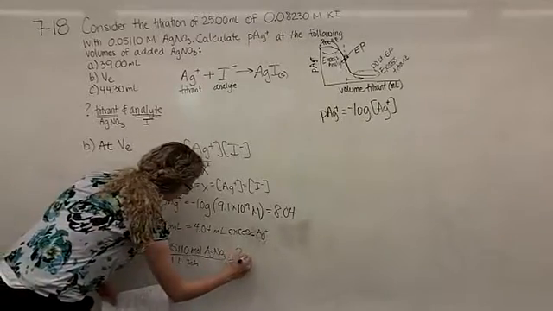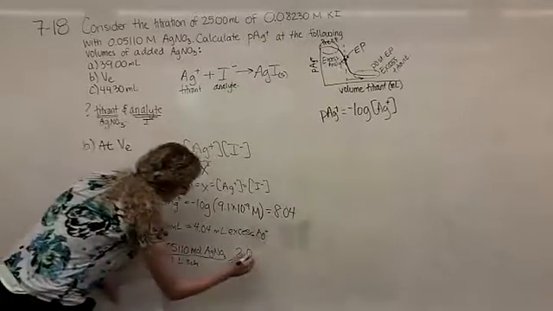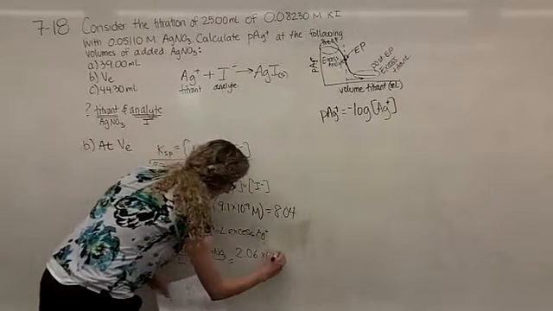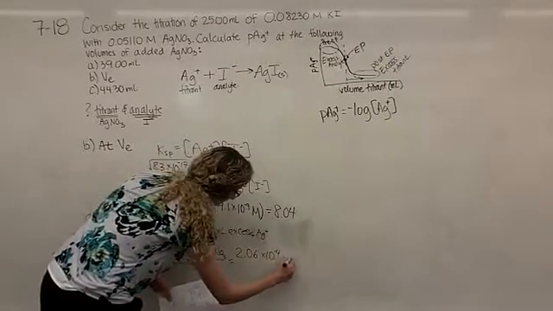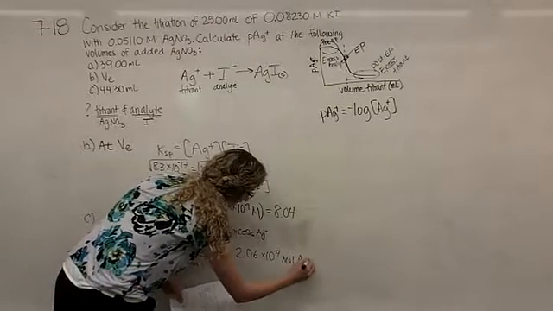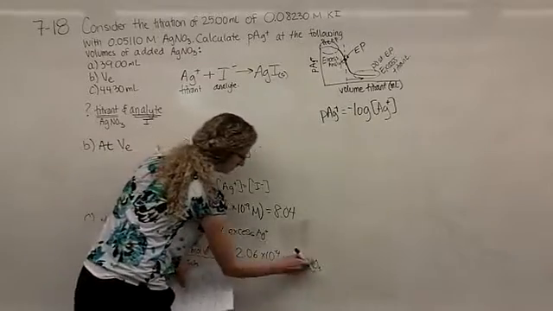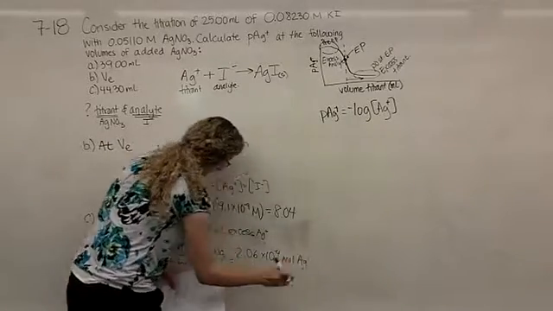Gives you 2.06 times 10 to the minus 4 moles of silver nitrate. And actually, we're just interested in the silver, so it's going to be the silver.